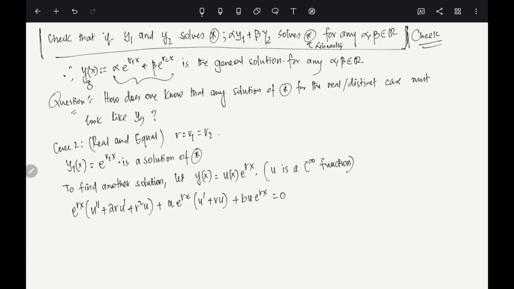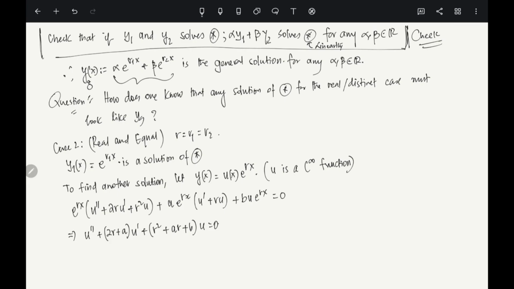Okay, so now you can rewrite this and it will look like this: u double prime plus (2r plus a) u prime. See, e^(r x) is non-zero, right? So we can just throw it out, plus (r square plus a r plus b) times u equals 0.